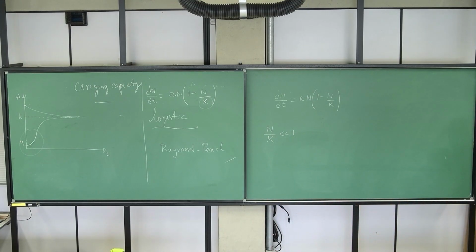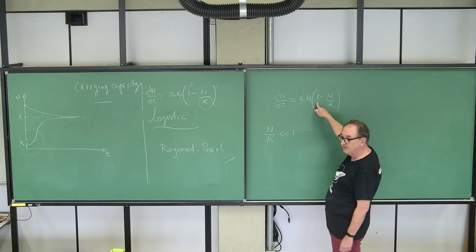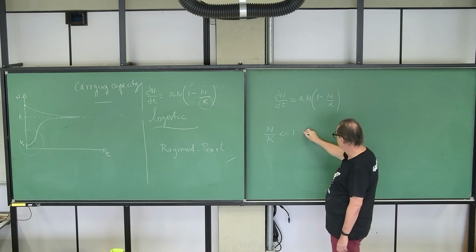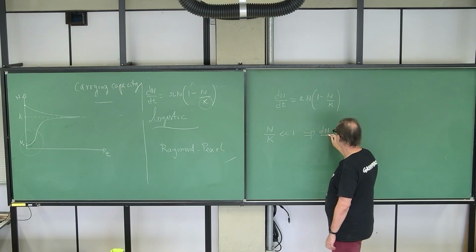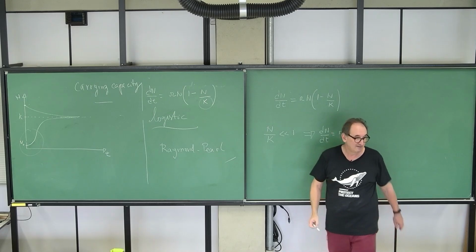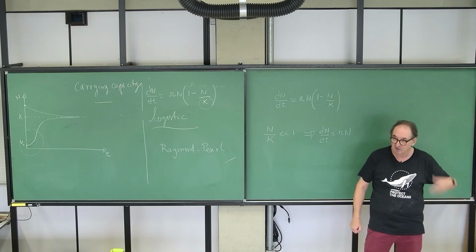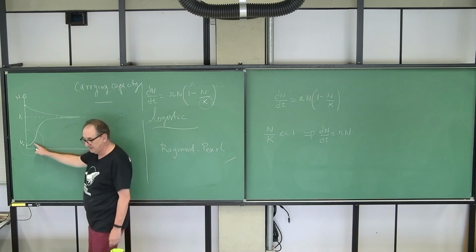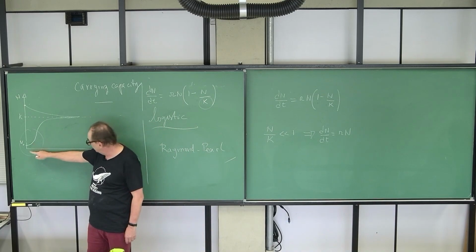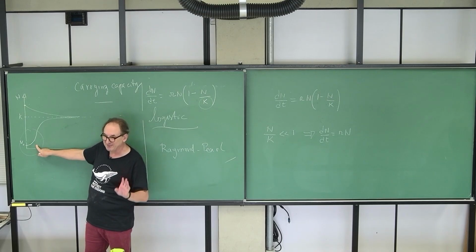If N over K is much smaller than 1, we can just neglect this term and have dN/dt equal to rN, which is exponential growth. So if the population size is much smaller than K, you have exponential growth, which is what I showed here.